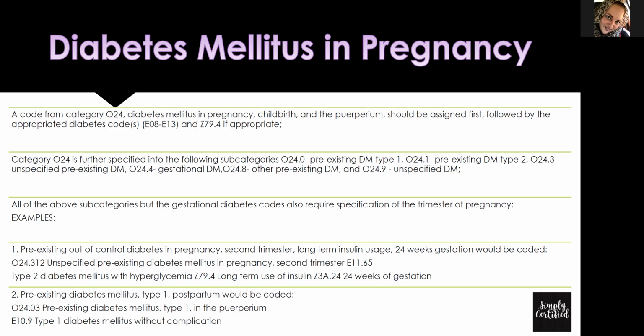The next code we would assign is Z79.4, long-term use of insulin. The documentation clearly states that she's on insulin and has been. And the last code we would assign would be Z3A.24 for 24 weeks of gestation.